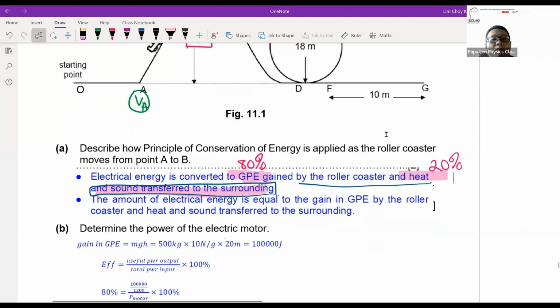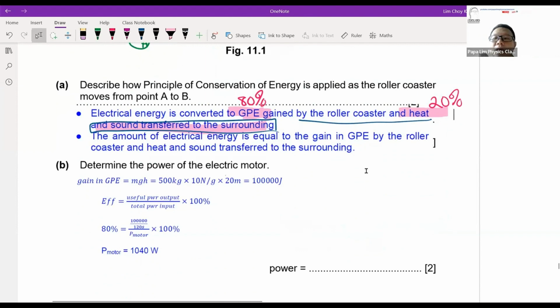Now, the power of the electrical motor. Once we understand that the useful power refers to mgh, you'll be able to make use of the 80% efficiency to calculate the power of the motor. So remember, 80% refers to the potential energy. 100% refers to the energy by the motor itself, the total energy.